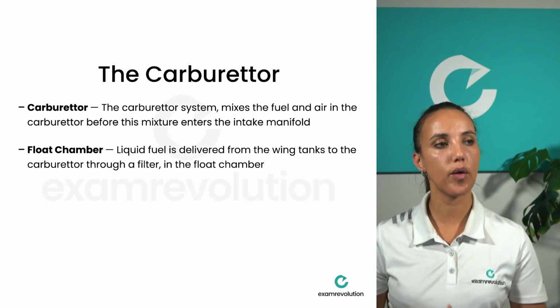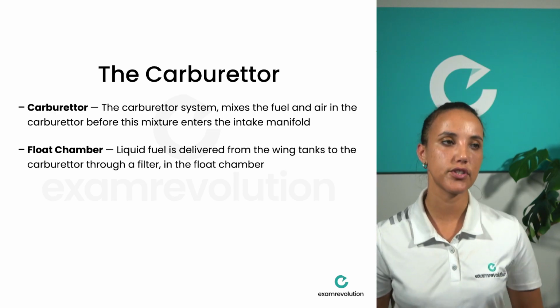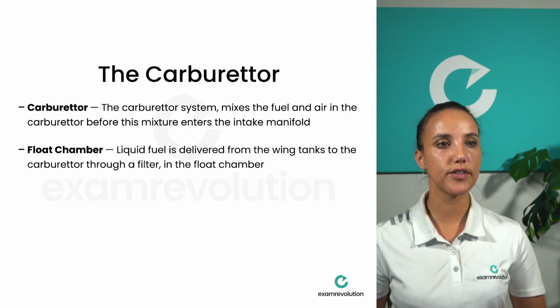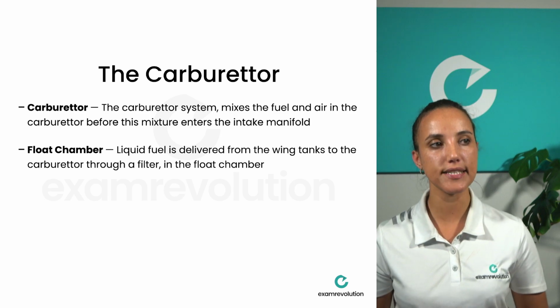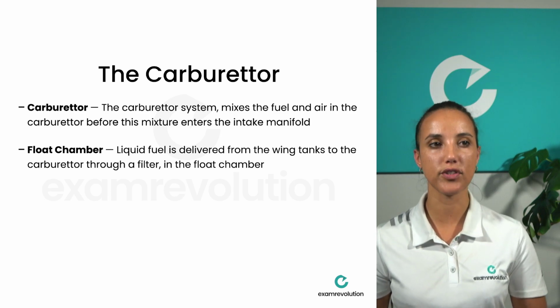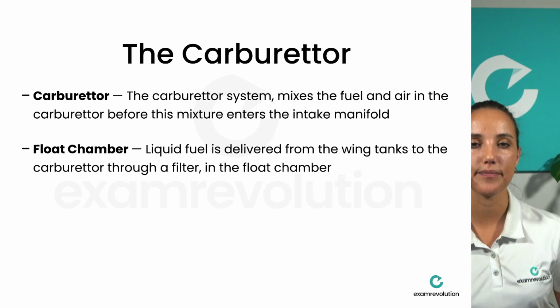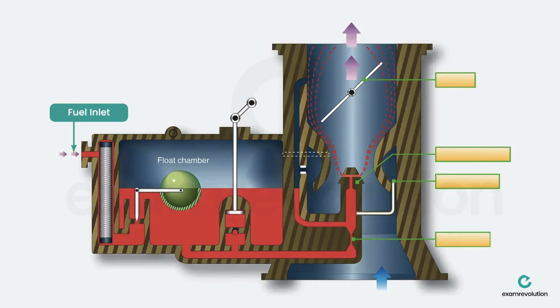Now, talking about the carburetor, it has something called a float chamber. So the liquid fuel is delivered from the wing tanks to the carburetor through a filter in the float chamber. So if we have a look at that, you can see that the carburetor is connected via a fuel line to the fuel tanks, and that fills up the float chamber.